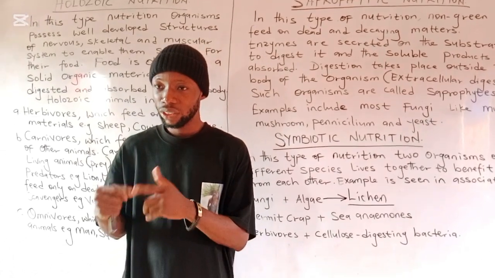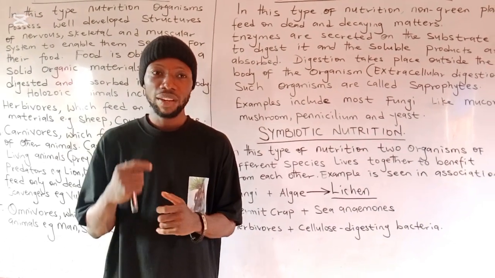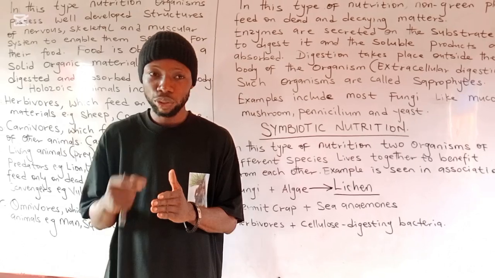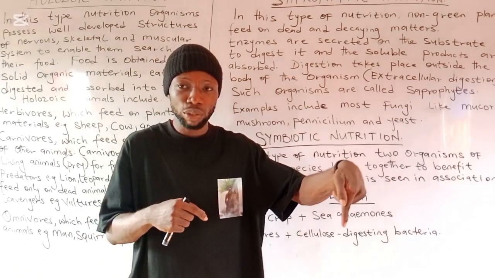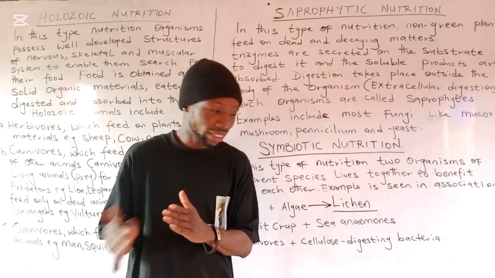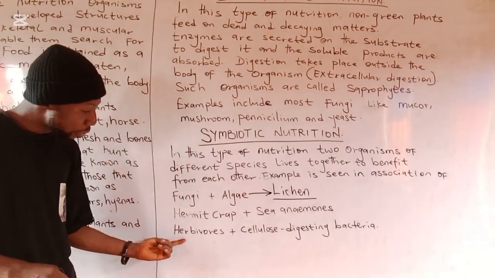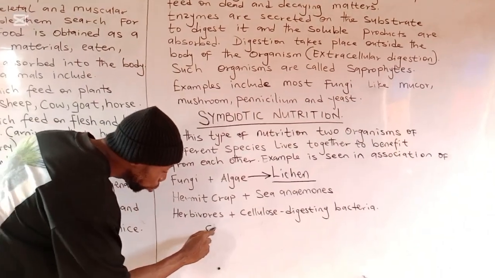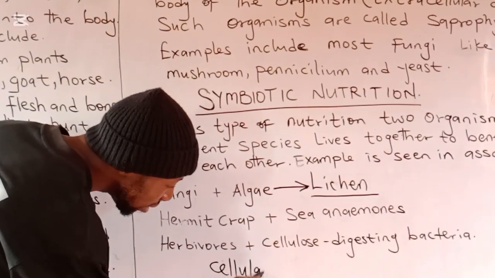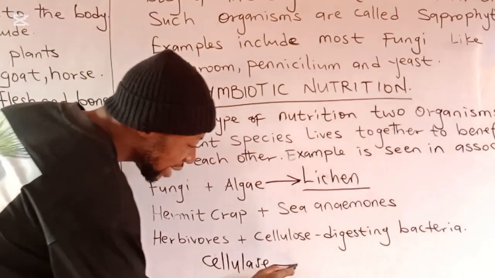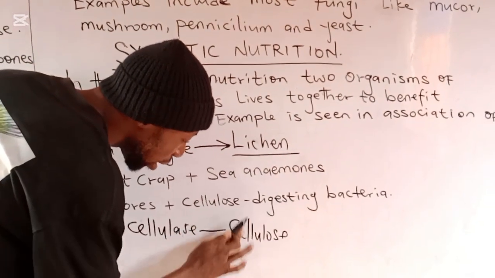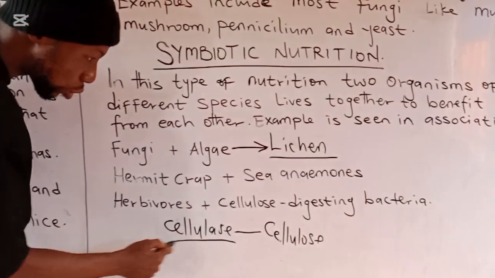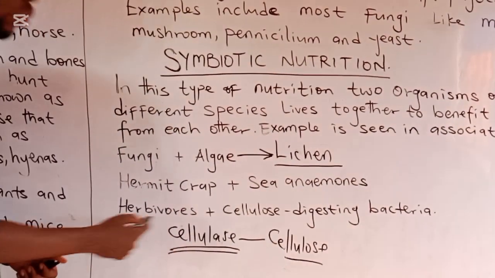And this is the kind of exam question: man doesn't digest cellulose because we can't produce the enzyme that digests cellulose, and the enzyme is what? Cellulase. Cellulase is the enzyme that acts on cellulose. Is that okay?